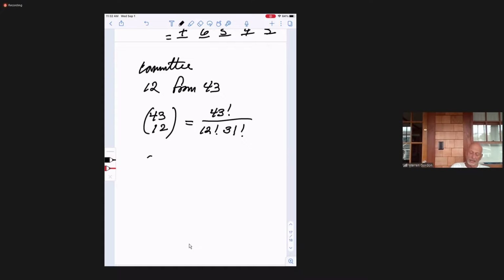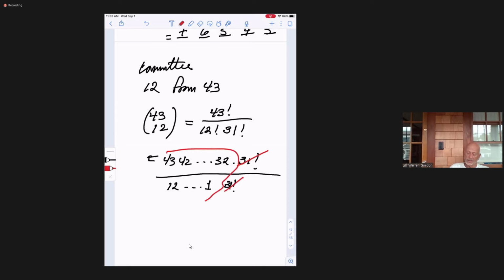So if I were going to calculate this, I would go 43, 42, all the way down to 32. Then I go 31 factorial over 12 down to 1, and then 31 factorial. These two terms would cancel, and then I would simplify this. I don't really want to do arithmetic now, but the calculations are pretty straightforward.